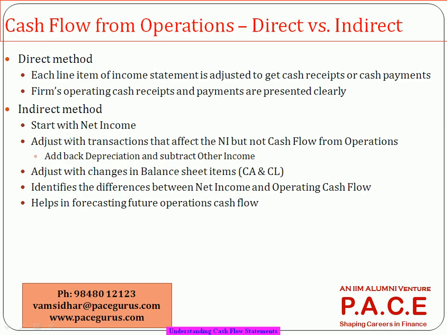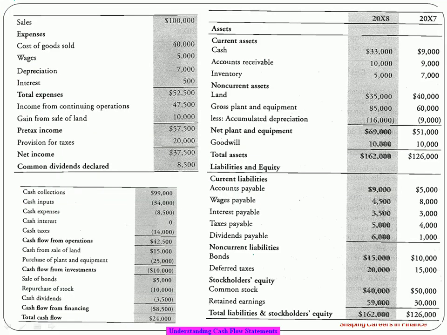Now, there are two methods of preparing a cash flow statement, right? I'll take up one small example to drive this entire preparation of the cash flow statement so that we get much more clarity on its usage from any kind of question standpoint. What we can look at is, let's say this is our P&L statement, this part is the balance sheet, and this part is our cash flow statement.